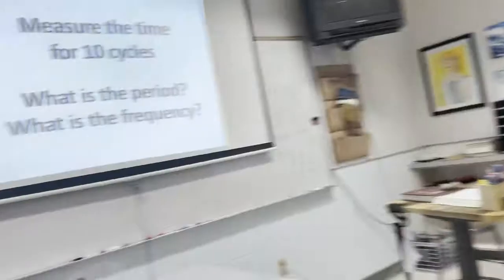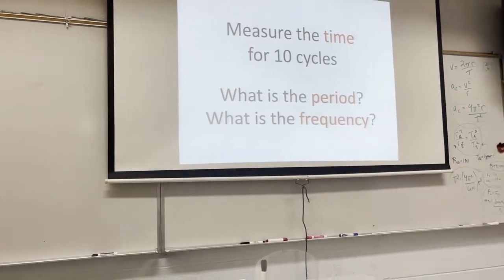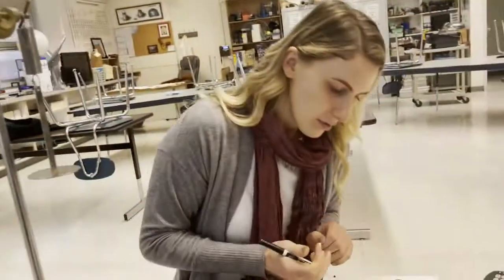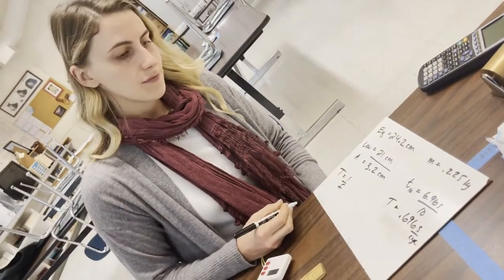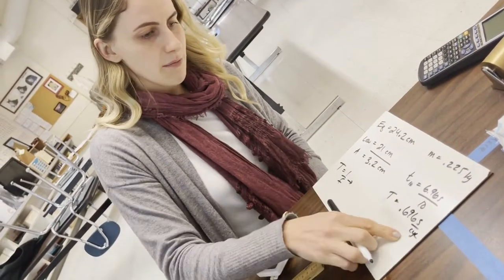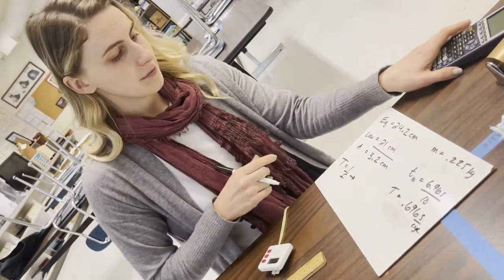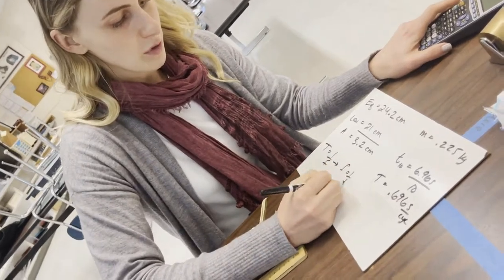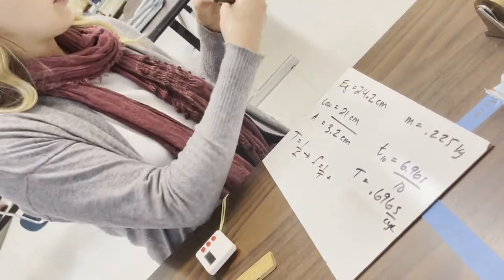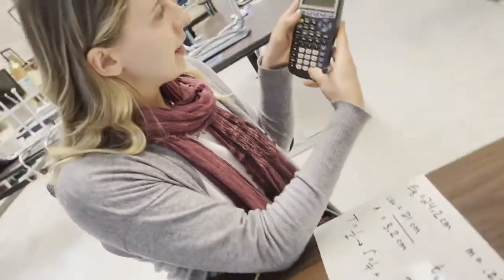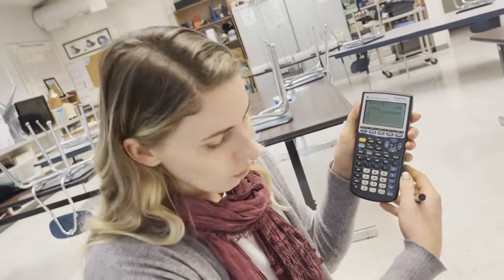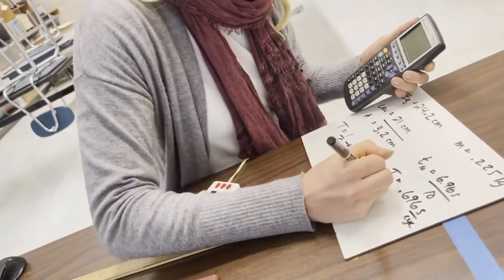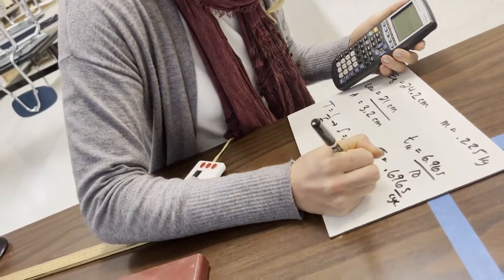Next question. What is the frequency? What's the relationship between the period and the frequency? Well, we know that they have an inverse relationship, right? So we can just take this number and flip it, because frequency equals 1 over the period. So 1 divided by that answer, and I get 1.44 hertz, cycles per second.